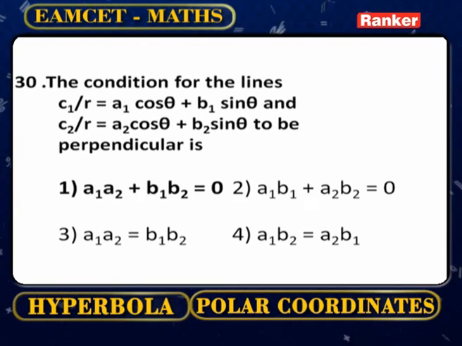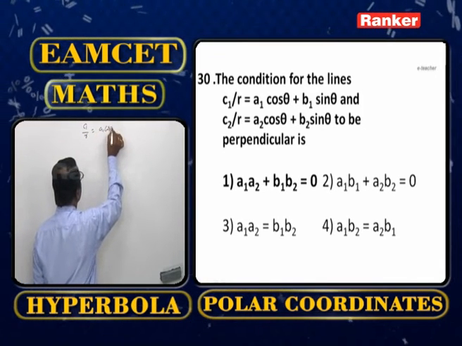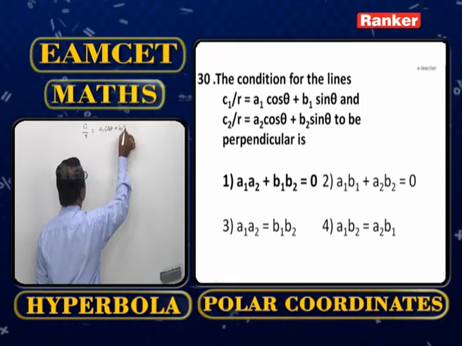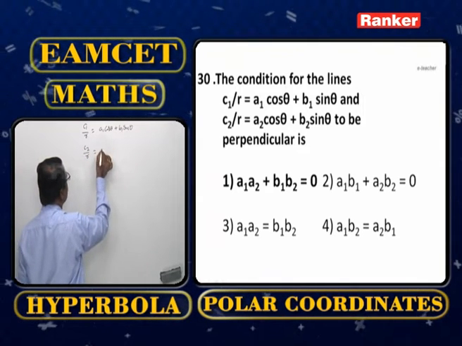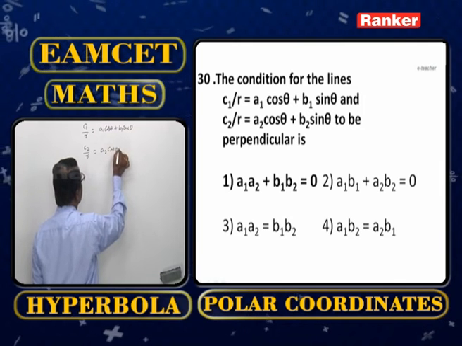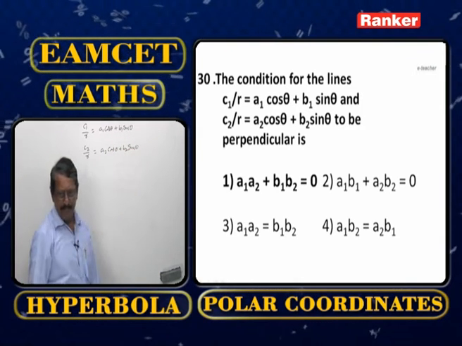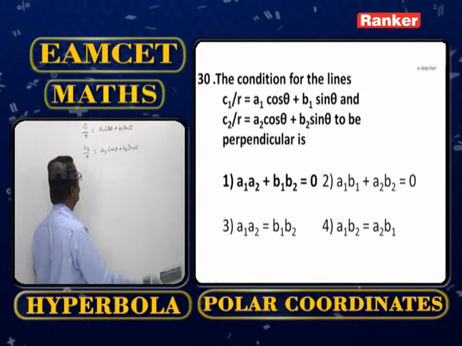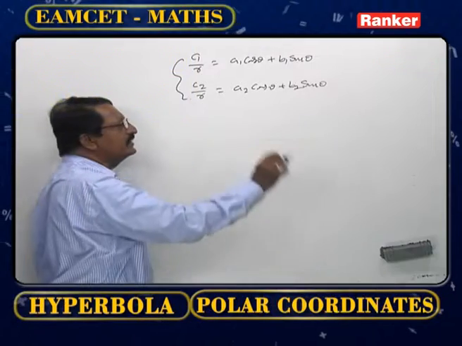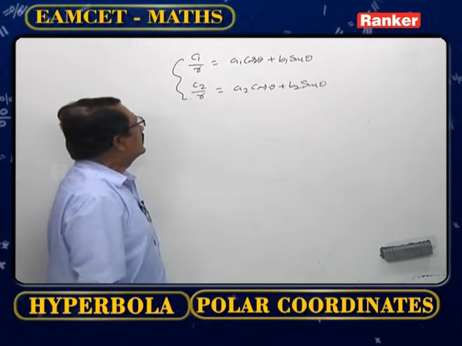The condition for the lines C1 by r equals a1 cos theta plus b1 sin theta and C2 by r equals a2 cos theta plus b2 sin theta to be perpendicular. First, convert the given polar equations of the lines into Cartesian form.